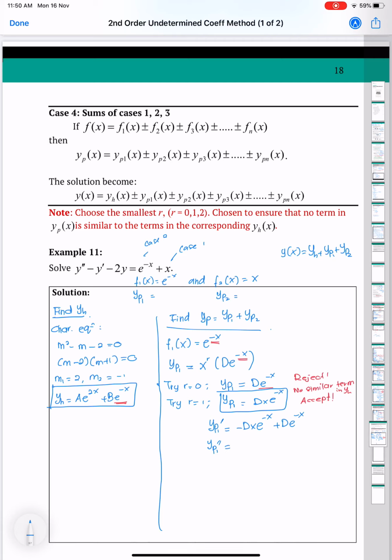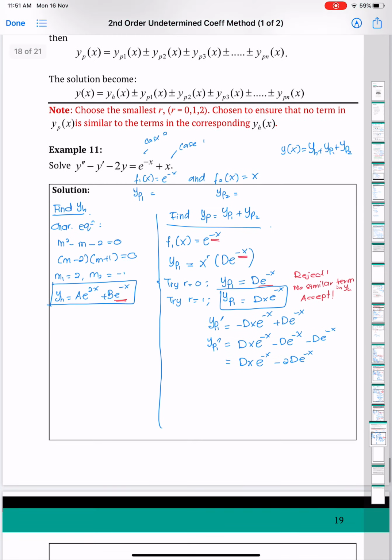So now I will have dx exponent negative x minus d exponent negative x minus d exponent negative x. So here I will get dx exponent negative x minus 2d exponent negative x. So that is my yp1 double prime.